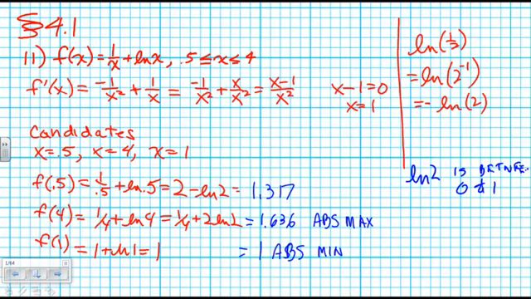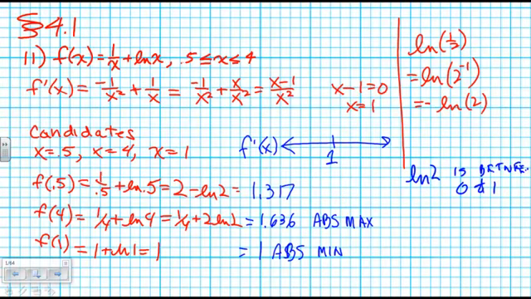Here's how I would attack that problem. I'm going to ask you to think about the derivative function for just a little bit. I know the derivative function has a 0 when x is 1. That's because we calculated that, right? 1 is the x component of a critical point.